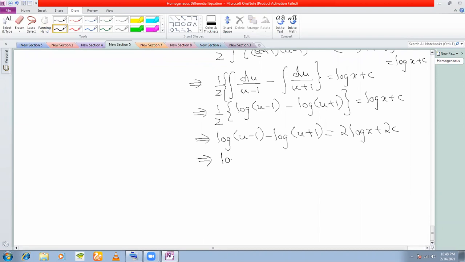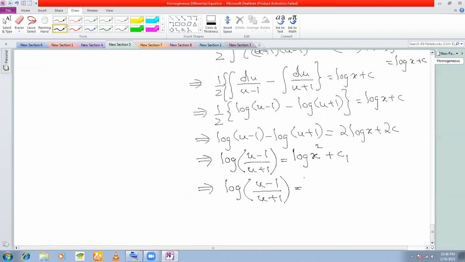You can write this as log of u minus 1 by u plus 1 is equal to log x square, and you can write the constant as c1, right? Now you see all are logs, right? So what you do here is you take the constant also as a log. Understood? You take the constant also as log of say c2. Okay, c1 is equal to say log c2.